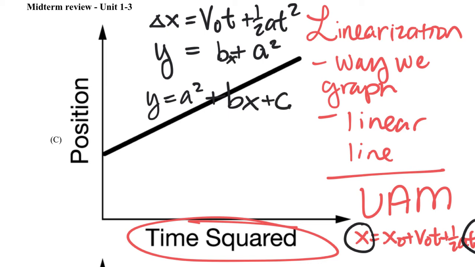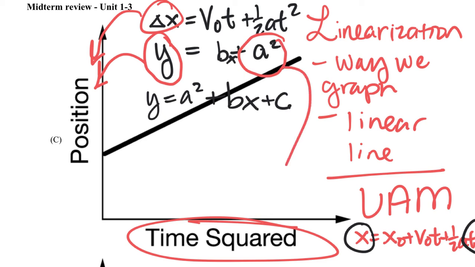Wait, this is going to be bx, right? So linearization will make us put y on the y-axis. So in this case, position is on the y-axis, and then t squared will be on the x-axis. Looks like a jumbled up mess, but we will eventually get a straight line.